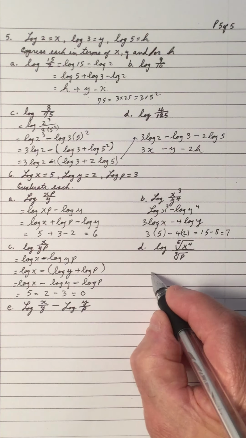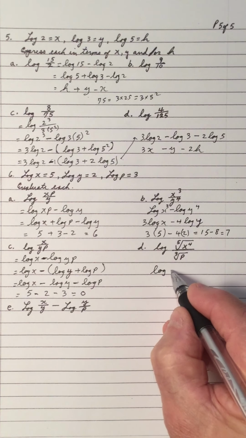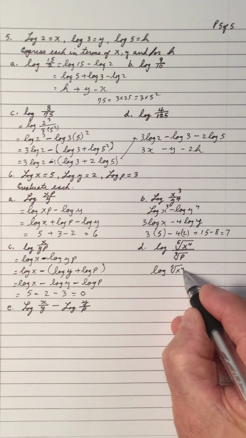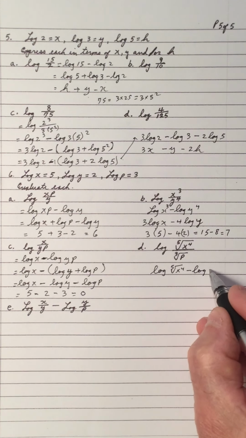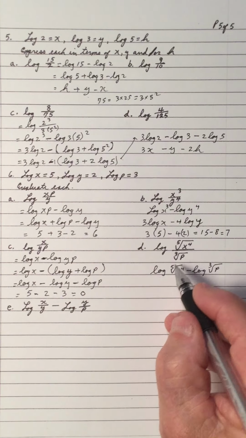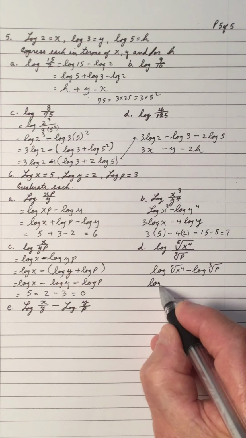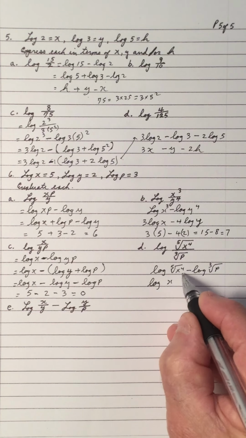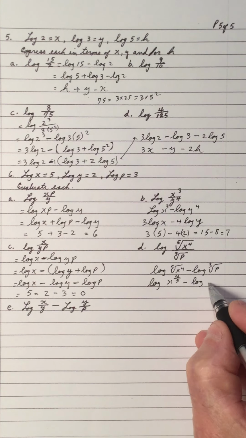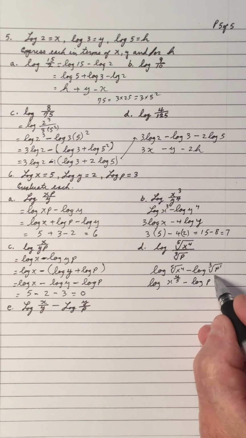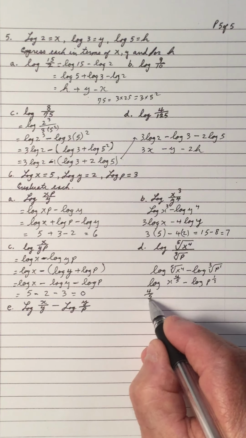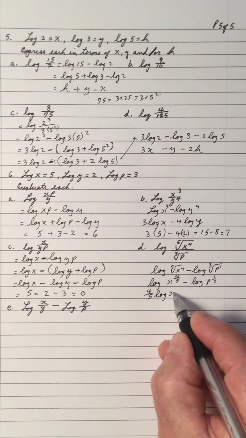And this one is the log of, again, a division, so we do a subtraction. The log of a division is the log of a subtraction, so this is the log of x to the 4 over 5, subtract p to the 1/3, and the power goes in front, so it's 4 over 5 log x.